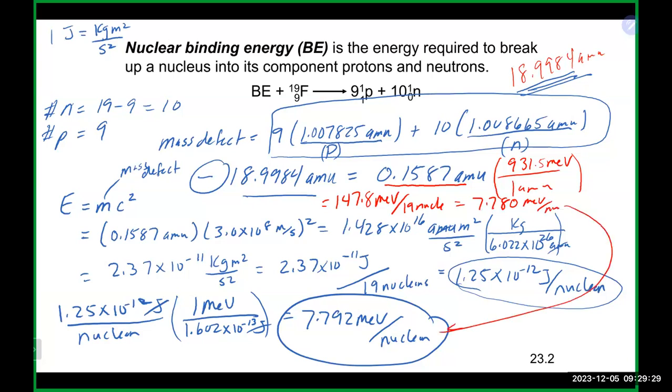So you could go that way first if you want. And then if you wanted to change it to joules, use the same conversion. So you could do that by bypassing Einstein's equation, and it's because those conversions are pretty much based on Einstein's equation. So you could go that approach as well. Any questions on either of those?